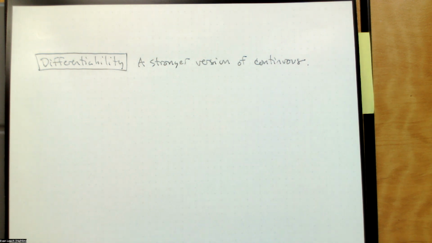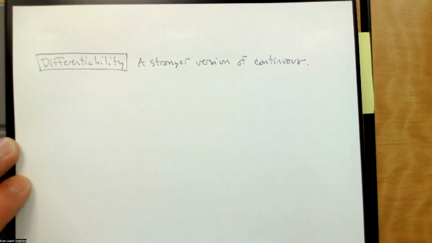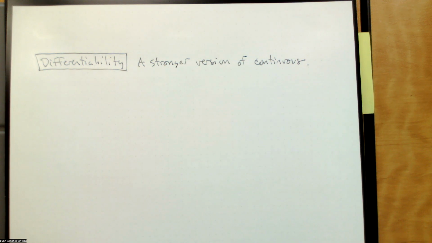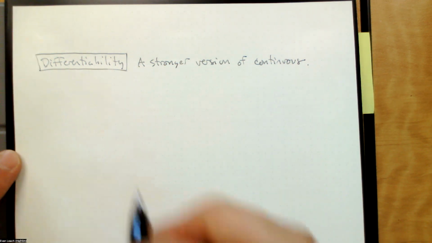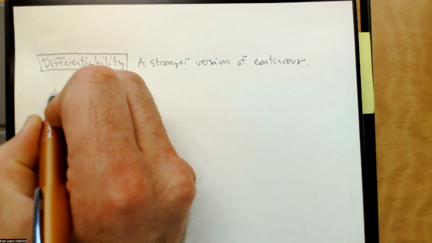A function is differentiable, let's use an alternate color to express this. This is our idea.